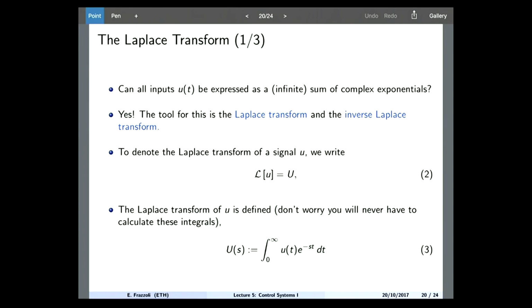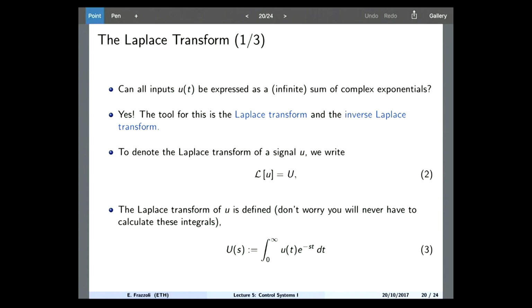So the point here is that we can use the exponential inputs as a special class of inputs that are, on one hand, easy to handle, because we know that if the input is some constant times e to the power st, the output will be some other constant times e to the power st, okay?